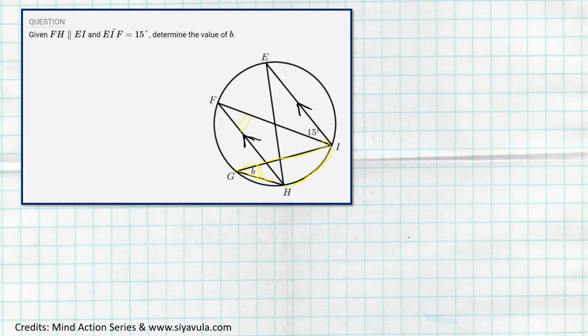Where there is F, we can put B. Yellow is not quite clear, so this angle is the same as this one, so we can put B there.